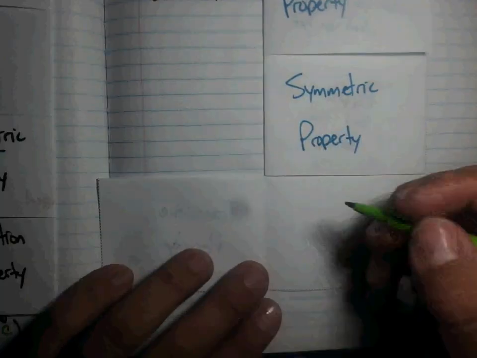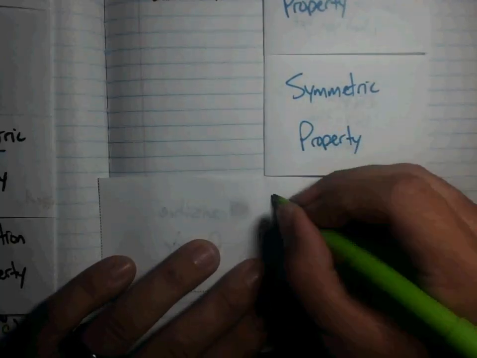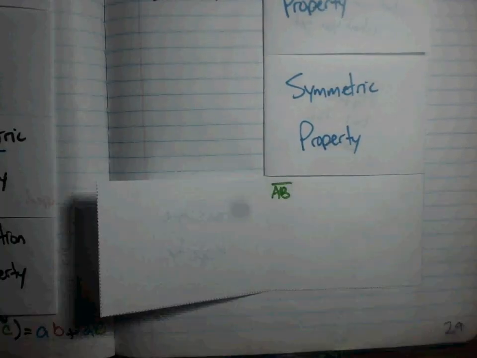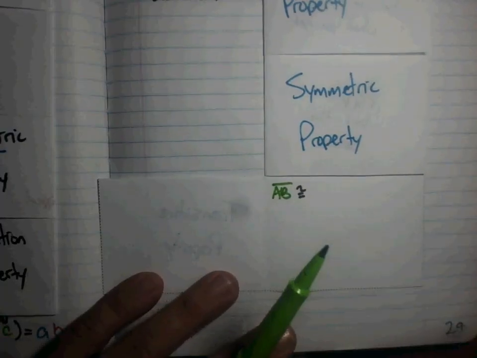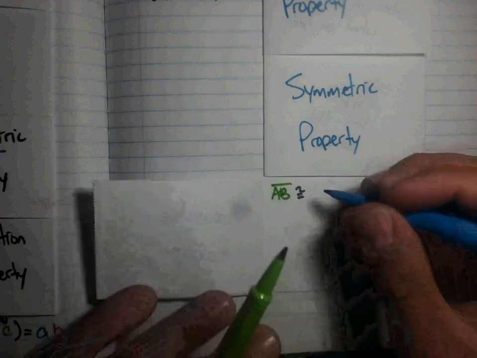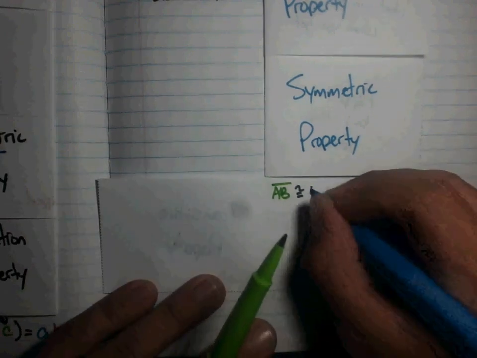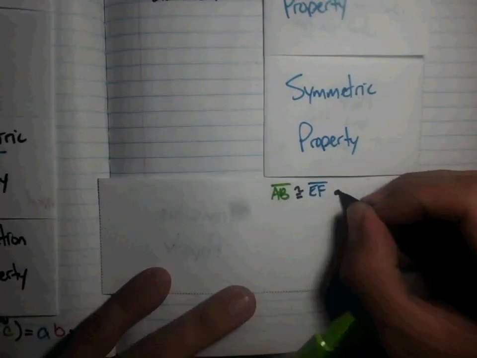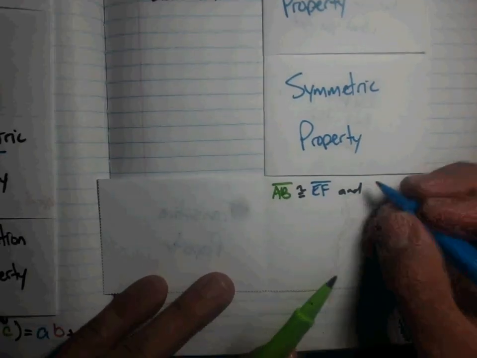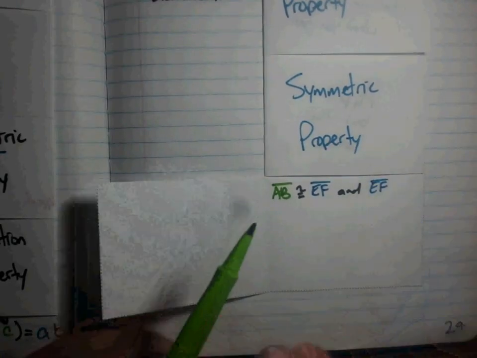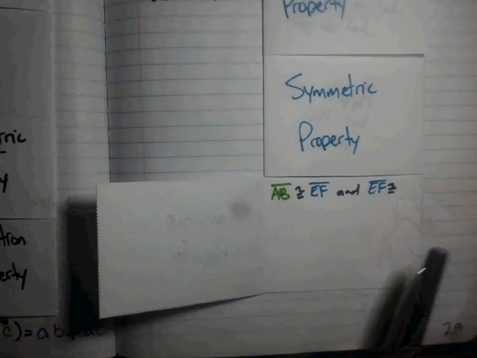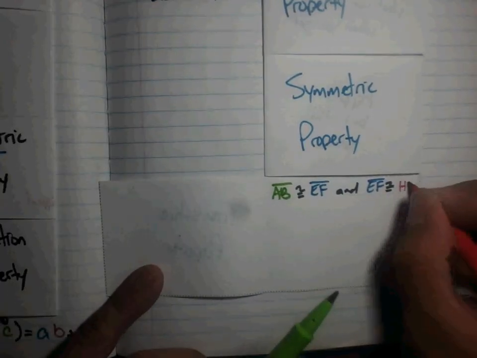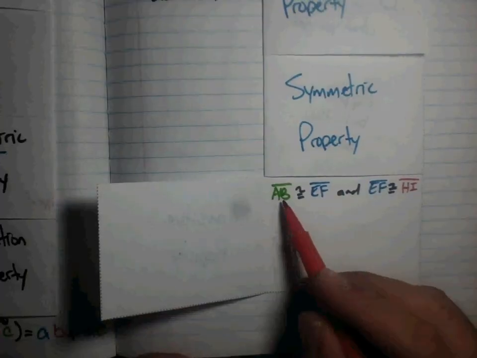Let's say that segment AB is congruent to segment EF, and EF is congruent to segment HI.